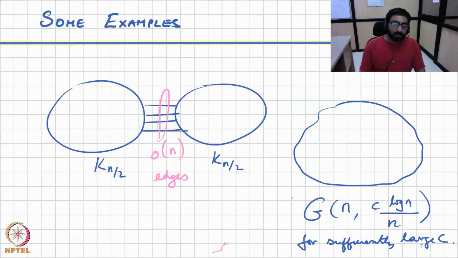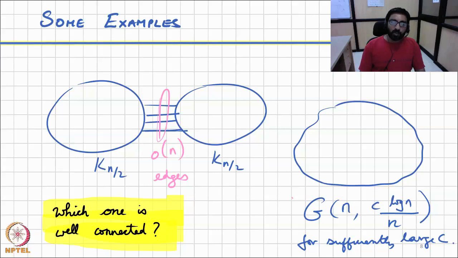And then there's this other graph that is basically a random graph. This is an Erdős-Renyi graph on n vertices, and each pair of vertices in this graph will have an edge between them with some probability c log n over n for some sufficiently large constant c.